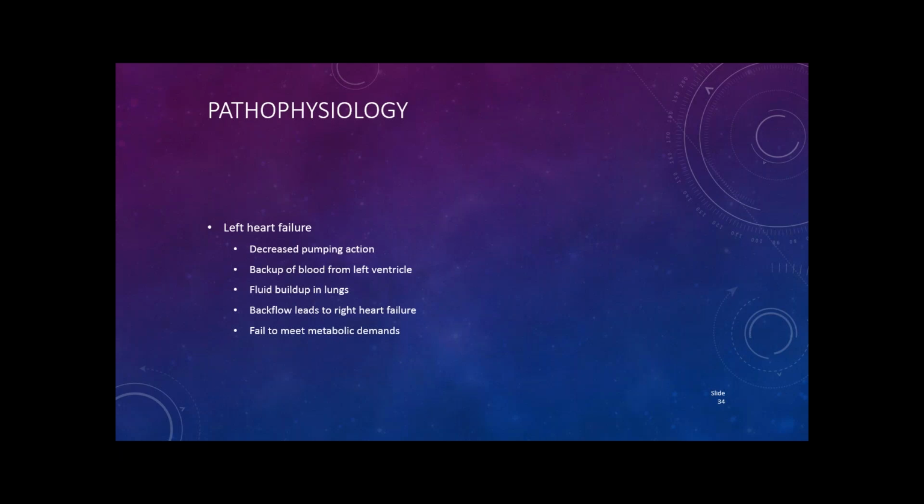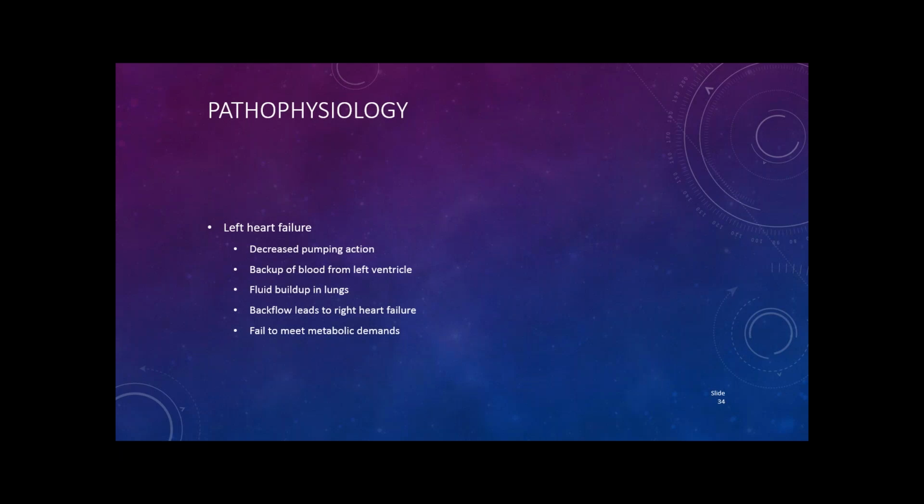The pathophysiology of left and right heart failure, you need to be able to differentiate between the two and what kinds of signs and symptoms you will have, and then which treatment goes with whether it's a right or a left, okay? So left heart failure reflects your pump, right? You actually have a decreased pumping ability of the left ventricle. This allows blood to back up from the left ventricle into the pulmonary bed.